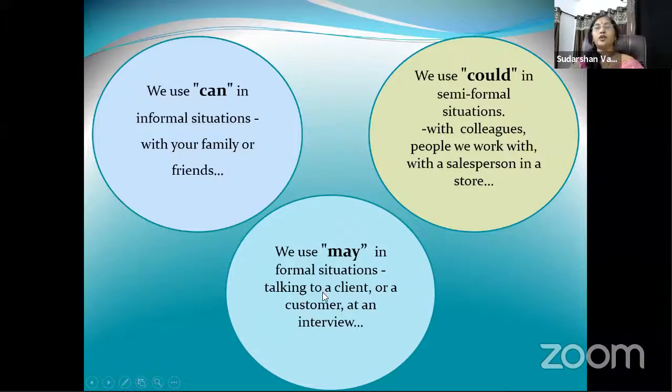Here we cannot afford to be very informal or semi-formal. We have to be strictly formal. These levels of formality, informal, semi-formal, and formal, are determined by these three words: can, could, or may. Can for informal, could for semi-formal, may for formal situations.